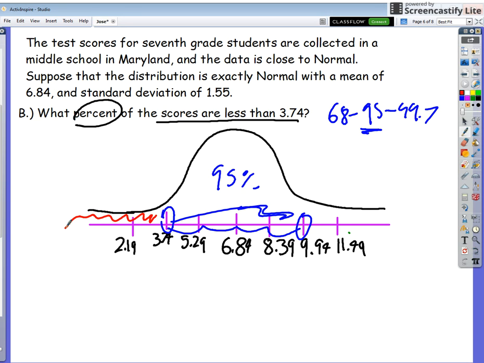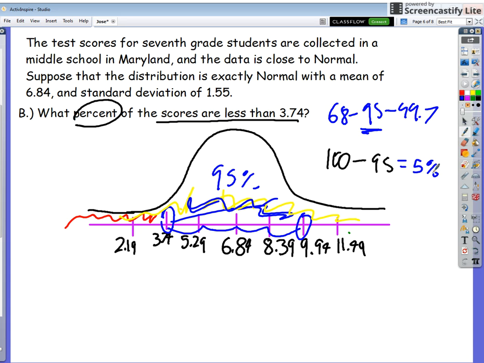The funny thing about percentages is that when we add this data up, all of it adds up to 100%. So using our empirical rule, we can take 100 minus 95, and this section right here equals 5%.